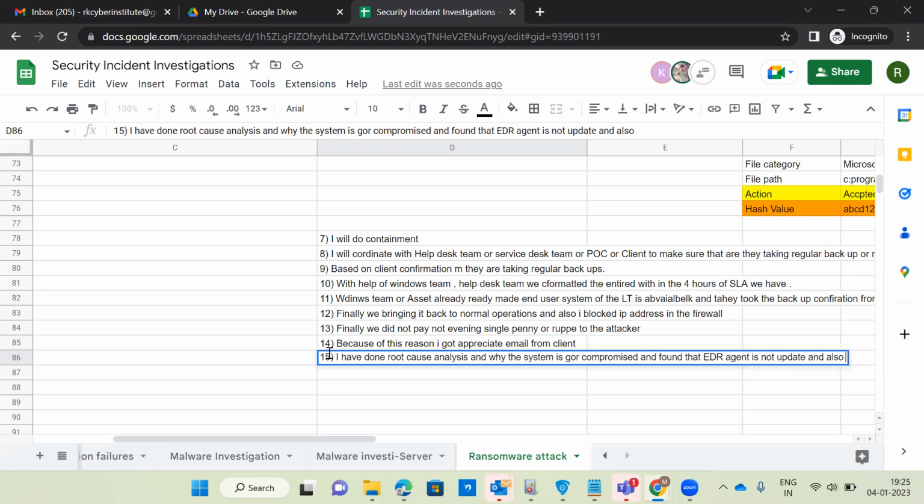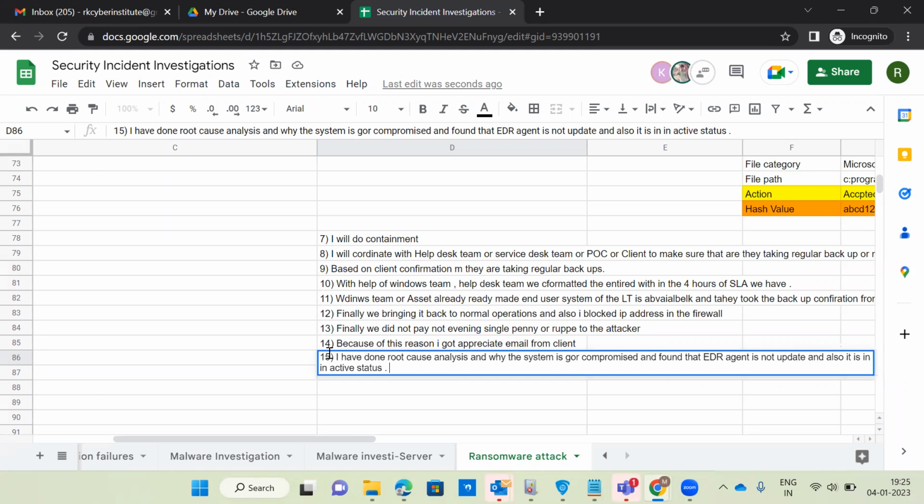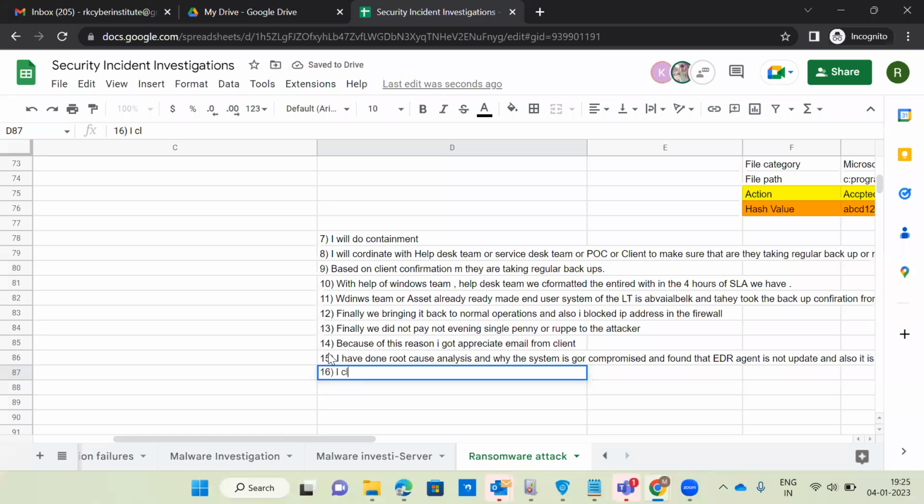And also it is in inactive status. Okay, because of this reason, it got compromised. Finally, I closed the incident by making a summary of the report and updating the comments. Okay, so that is about overall.